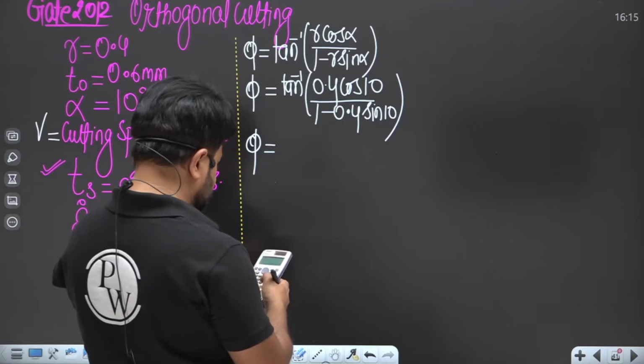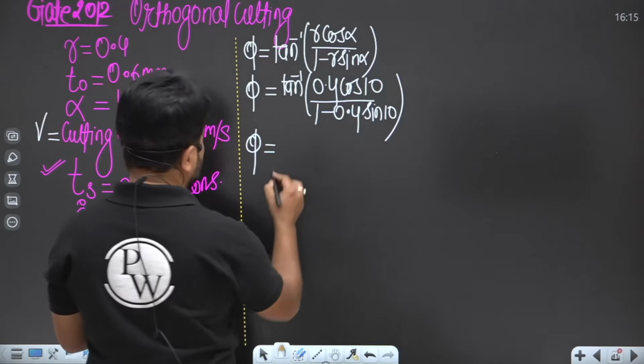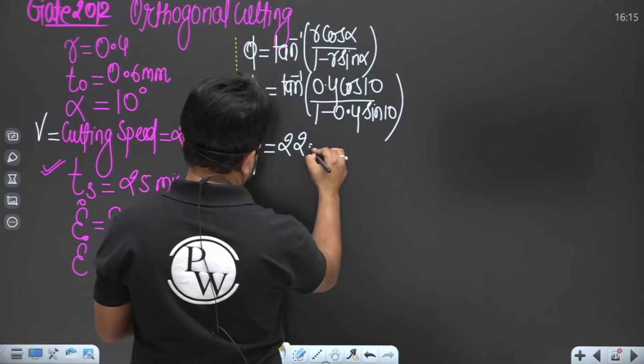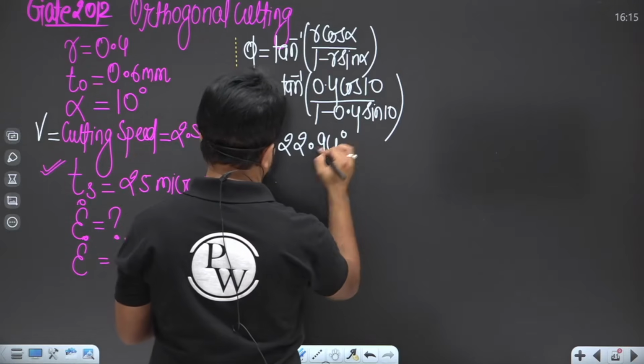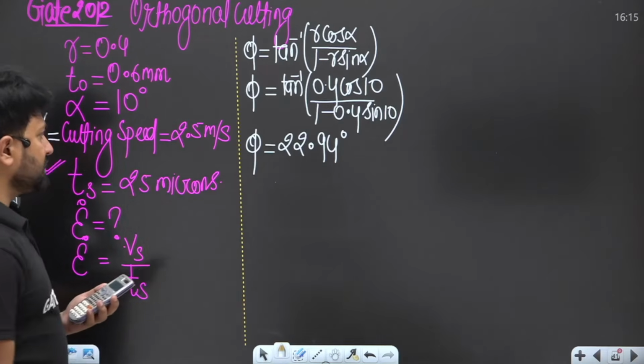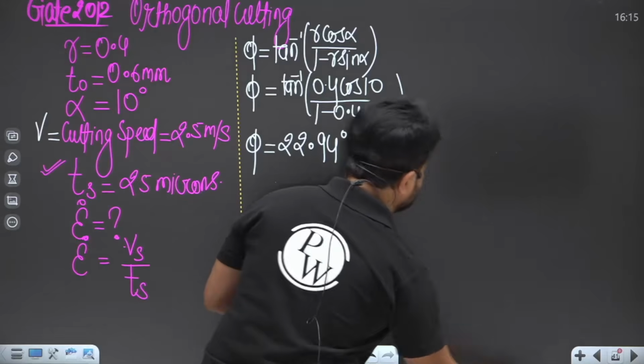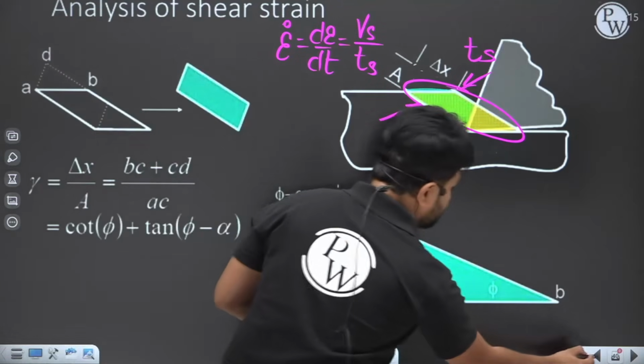It comes to 22.94 degrees. Now this is the value of phi, and you know the relation.